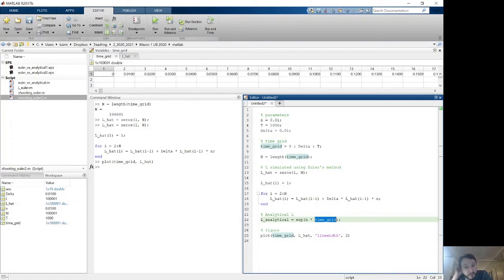Time grid is a vector. So we have this vector times n, and n is a constant. It's a real number. So in MATLAB, when we multiply a vector by a number, we get a new vector that is the previous vector, with each entry being the entry times the real number. So we are multiplying n times t here, and then we are taking the exponential.